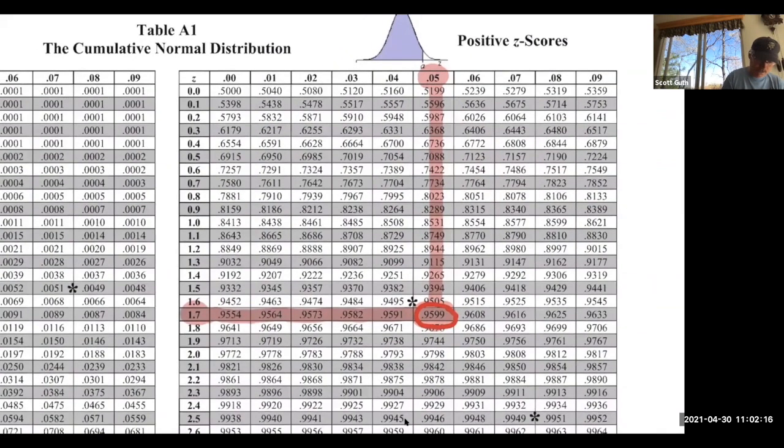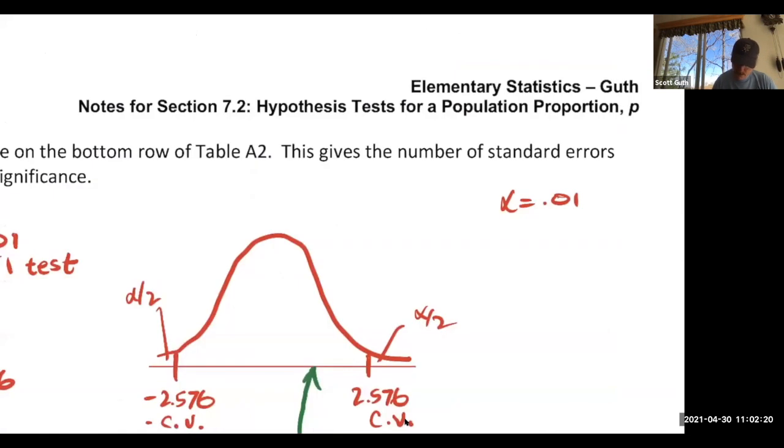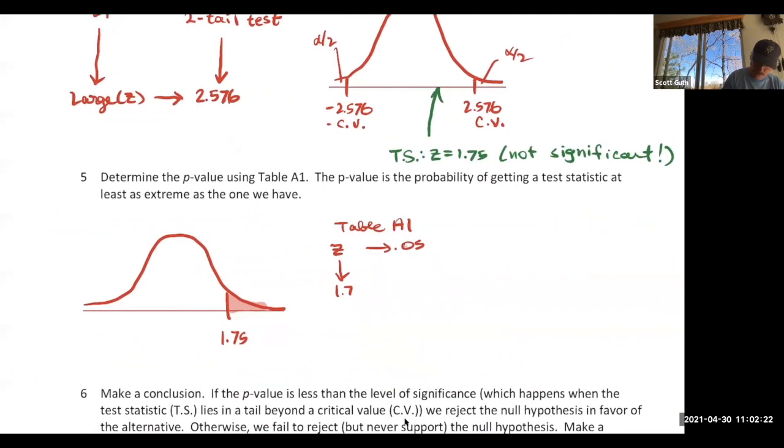So the table says 0.9599, which is actually over here. What we want is this.